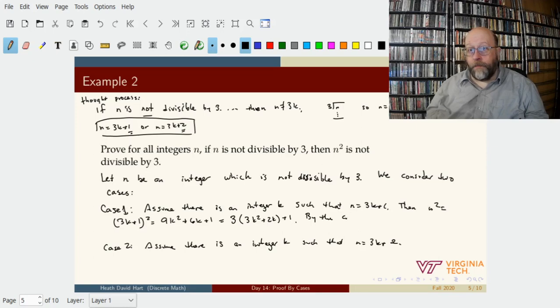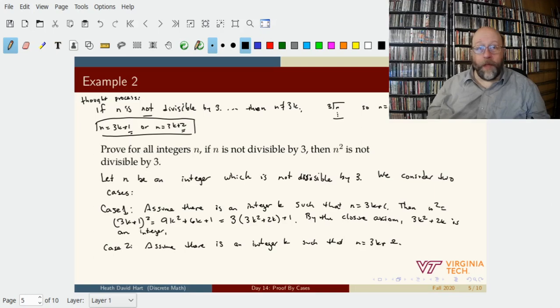By the closure axiom, (3k squared plus 2k) is an integer, and so n squared will be 3 times an integer plus 1 left over.